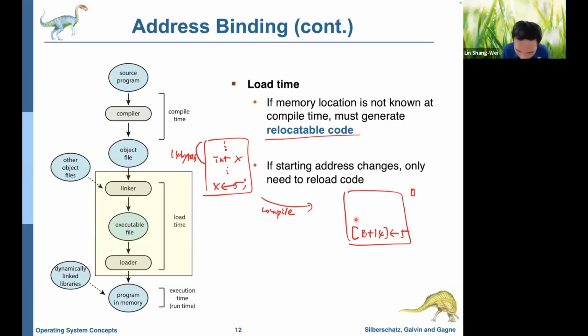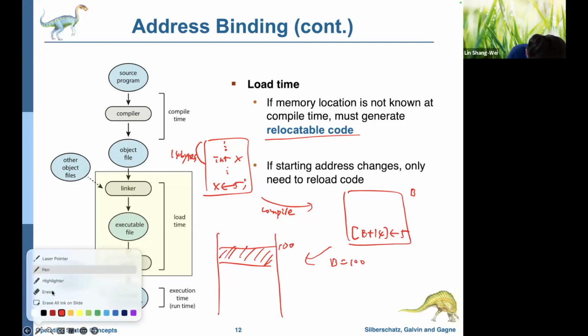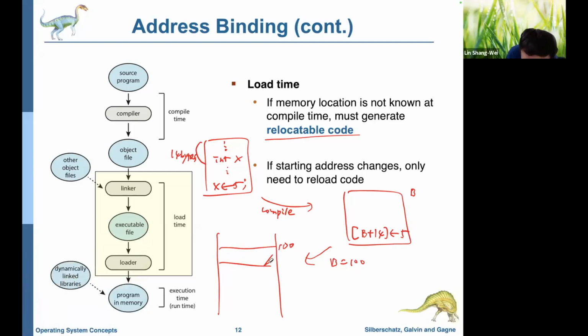Then what is the good thing about that? Let's say you want to load your program starting from 100 here. The loader will just set B to be 100 and your program will be loaded here.